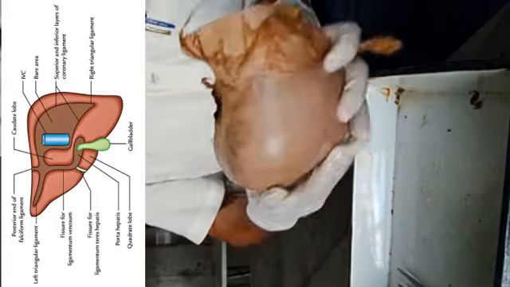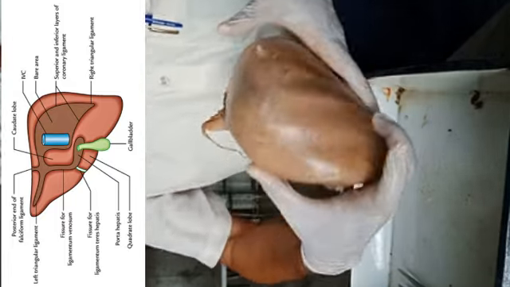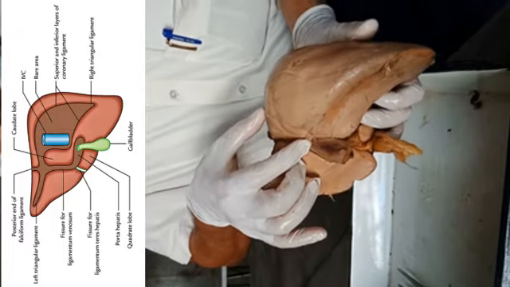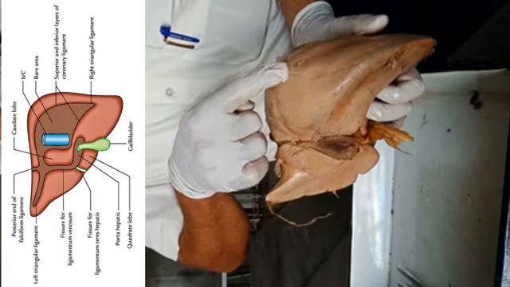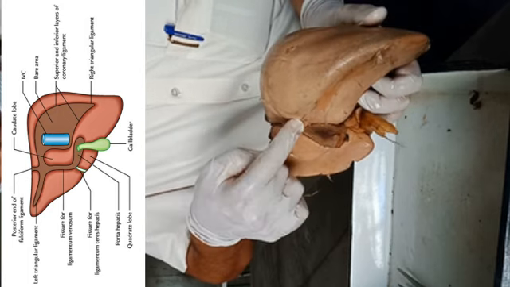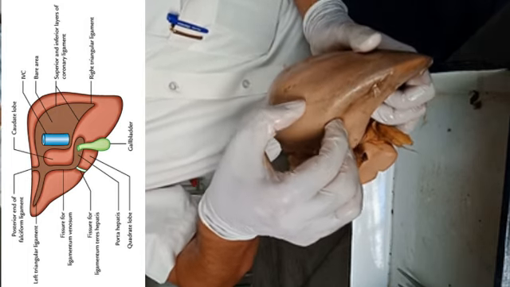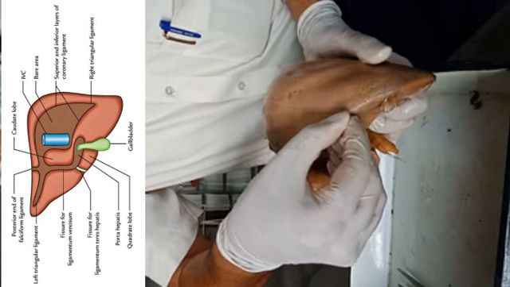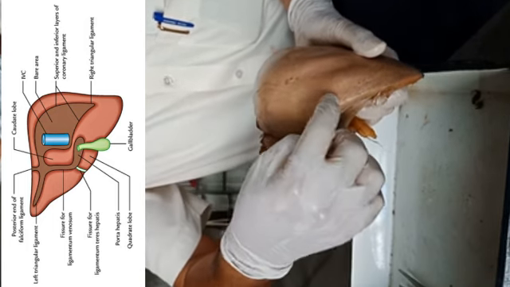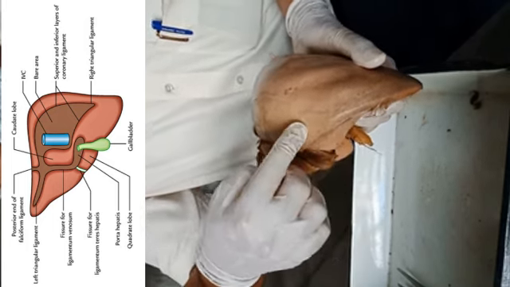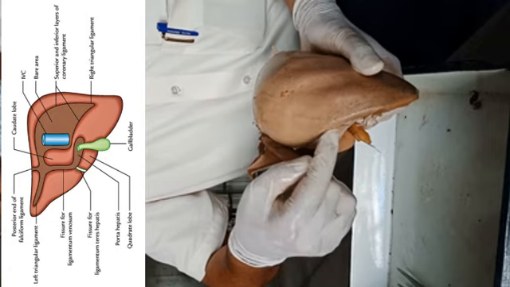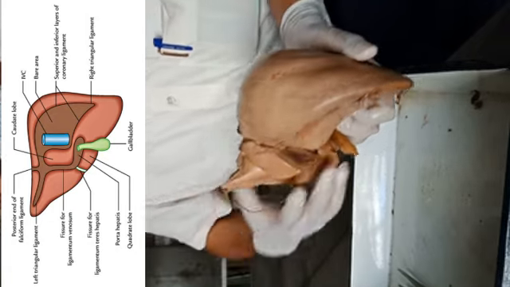You can see this is the right side, left side. This is the bare area, with the superior layer and inferior layer of the coronary ligament. Actually at this corner, a small peritoneal fold connects the right lateral surface of the liver to the diaphragm and encloses the right corner of the bare area.